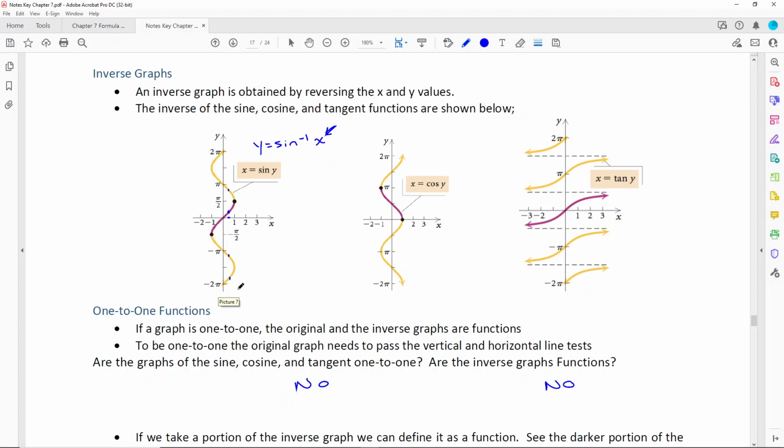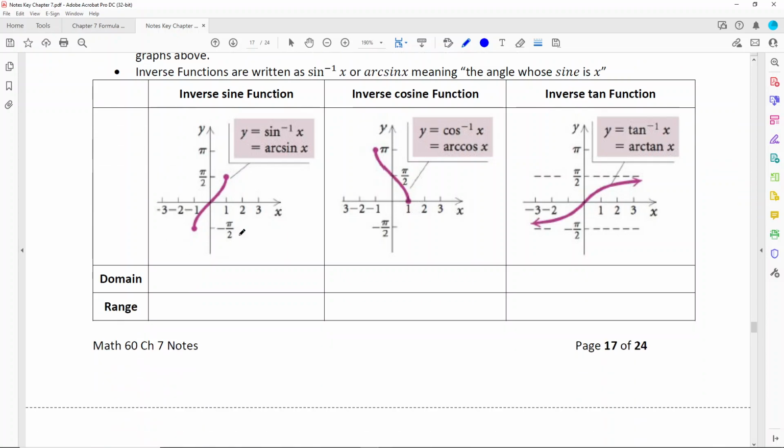So instead, what your calculator says is, hey, let's only look at a portion of each of these graphs. You'll notice that each of these graphs has a purple section. And this is what your calculator focuses on. It says, let's restrict the range so that your domain will only give you one y value. So for sine, it restricts it.